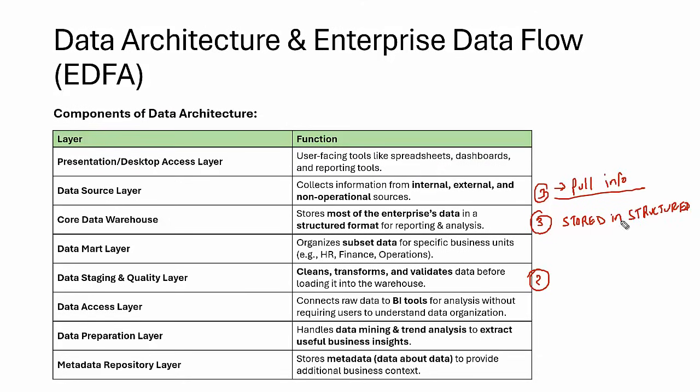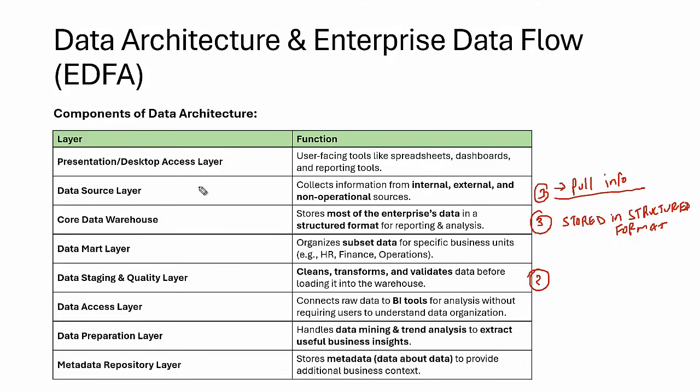The warehouse holds all the historical data and real-time data from different sources. For example, Amazon stores structured data like order history, payment details, and delivery tracking in the warehouse.